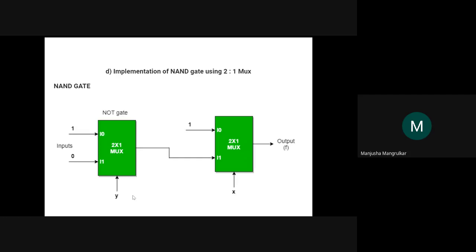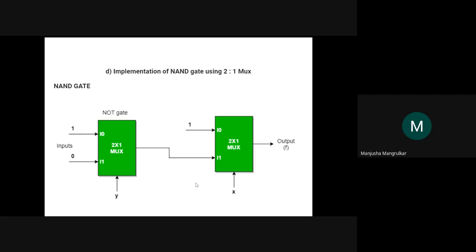Now here the inputs are x and y, right? If I write the truth table, x and y are 0 0, 0 1, 1 0, 1 1. What will be the output? 1 1 1 0, right? Suppose my x is equal to 0, y can be anything, 0 or 1, and my output will be 1.